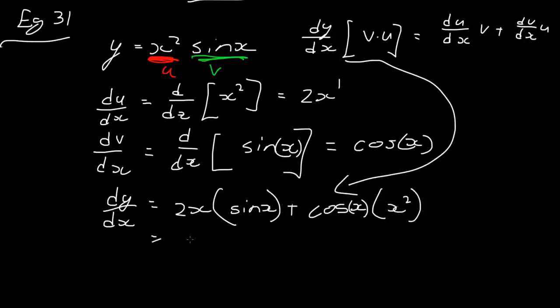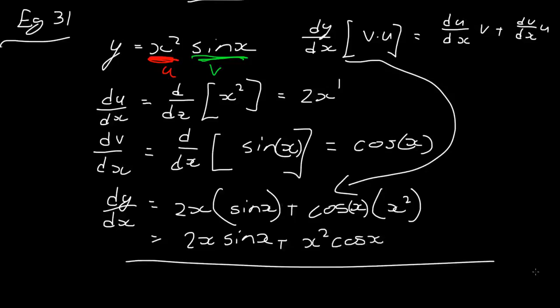Okay, so we multiply it out and we've got 2x sine x plus x squared cos x. And there you go, you found your derivative using the product rule.